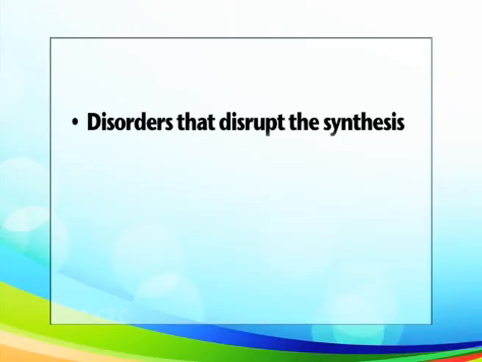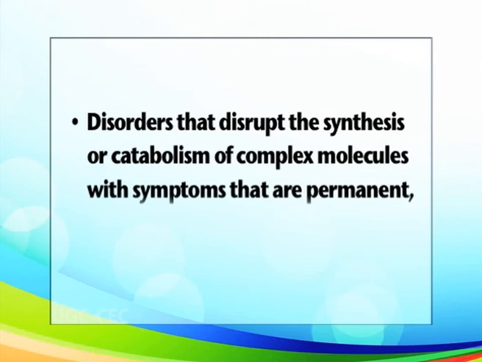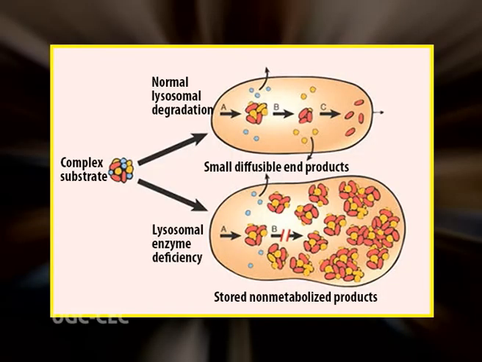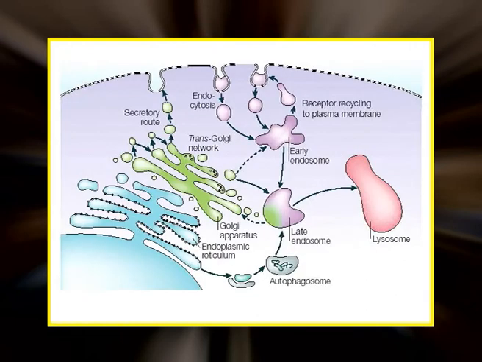First, disorders that disrupt the synthesis or catabolism of complex molecules with symptoms that are permanent, progressive, and not related to food intake. These include lysosomal disorders, peroxisomal disorders, and disorders of intracellular transport and processing.